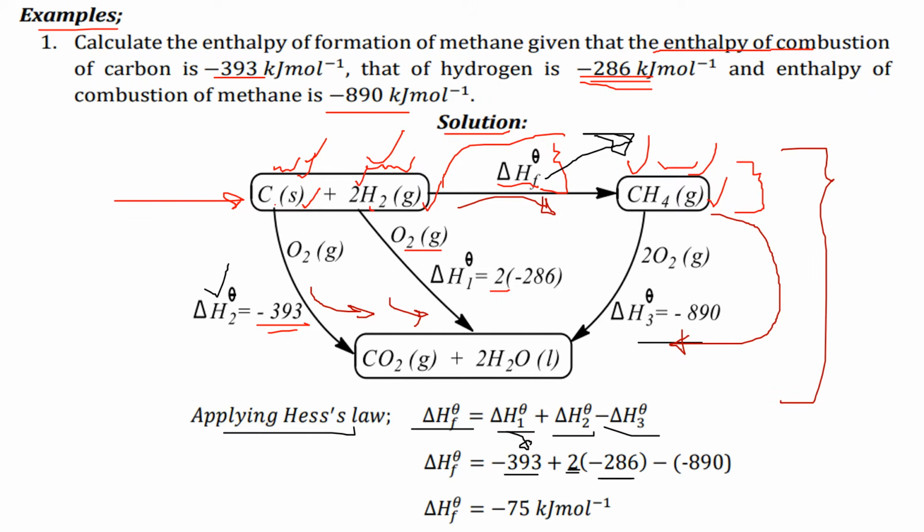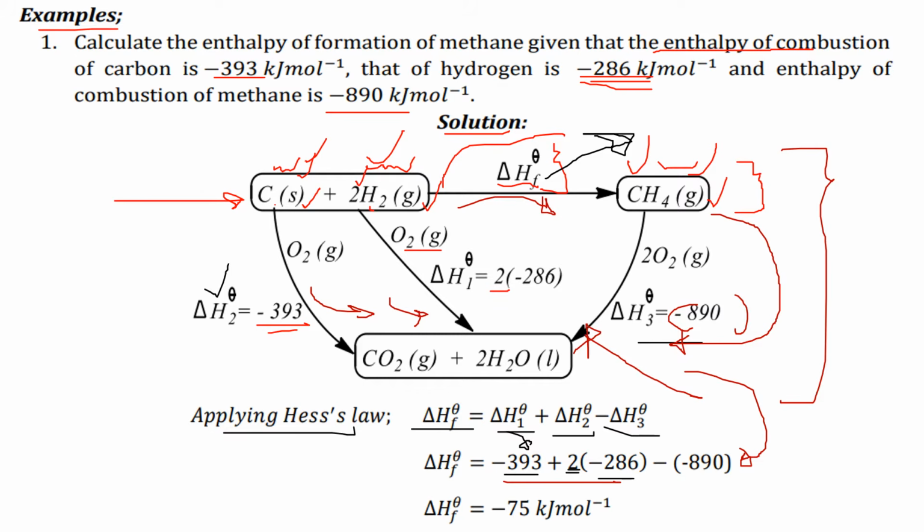So this side we are adding, and when it comes to this arrow, which is going backwards, we subtract. So minus the energy for the standard enthalpy of combustion of methane, simply because its arrow is going in a clockwise direction. So minus negative 890.